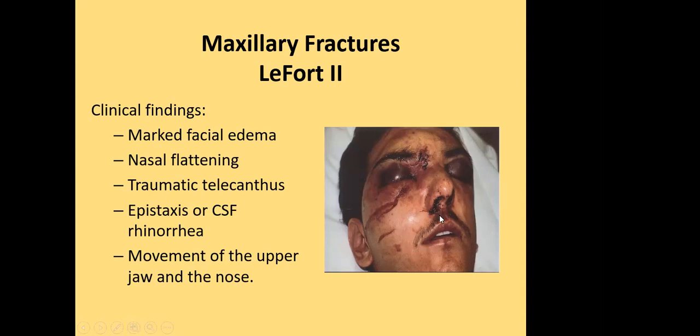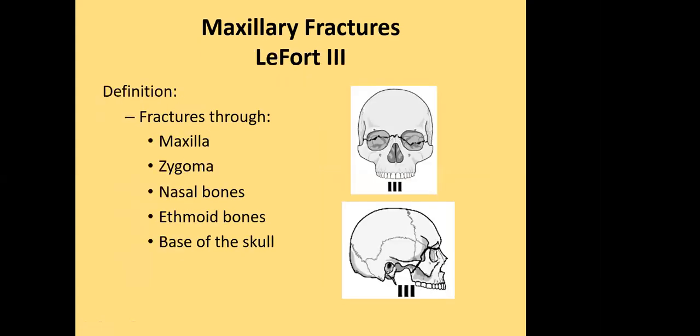Then the upper jaw mobility, because when you hold here, then you can move like this, then you see things moving. This can be moving like this. You can pull here, but you will see movement around these ends. So then you can know you are already dealing with what? Lefort 2.